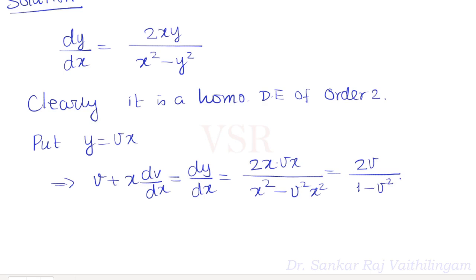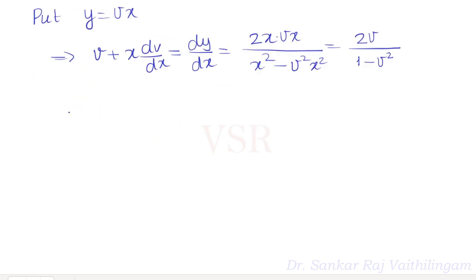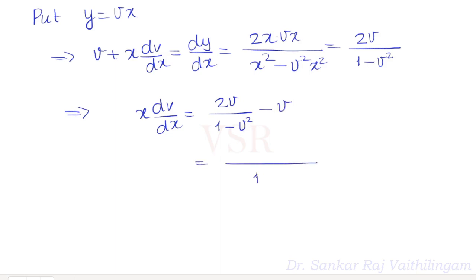Okay, so this implies that x into dv by dx is equal to 2v divided by 1 minus v square minus v. So this is equal to 2v minus v into 1 minus v square, over 1 minus v square.